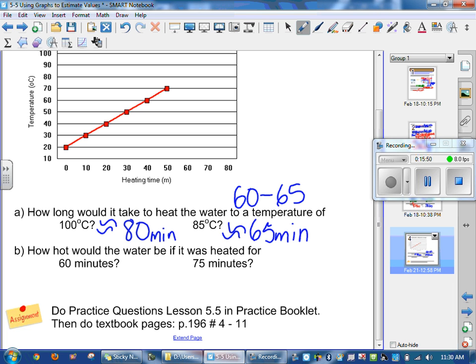All right. Well, this one down here has 60 minutes. So if we said this is between 60 and 65, what should the degree be then around? Around 80. So we should say around 80 degrees. Is that a consensus of the group? Yes. Okay. 75 minutes then. What would that become?